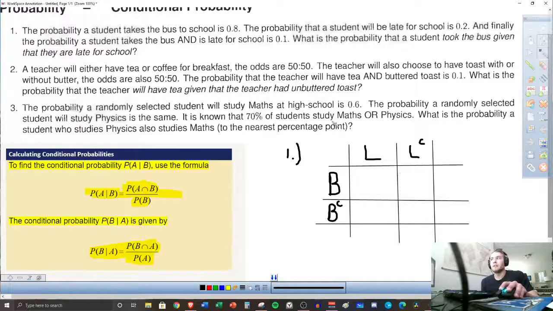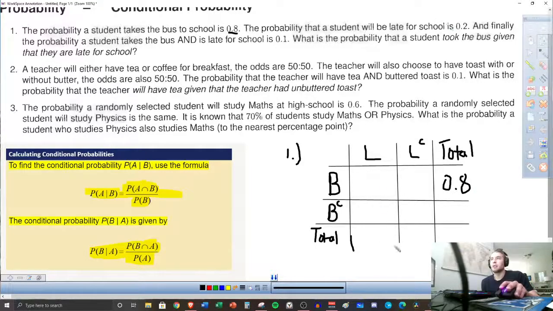So let's go ahead and fill this out with the information we know. The probability they take the bus is 0.8. This 0.8 should be going into our totals, right? Totals go on the margins here. So we put 0.8 here.